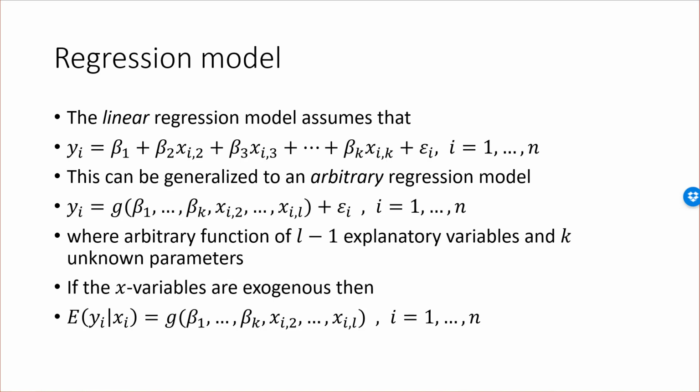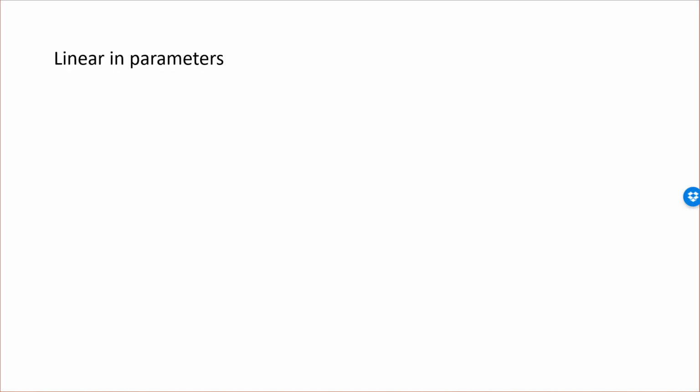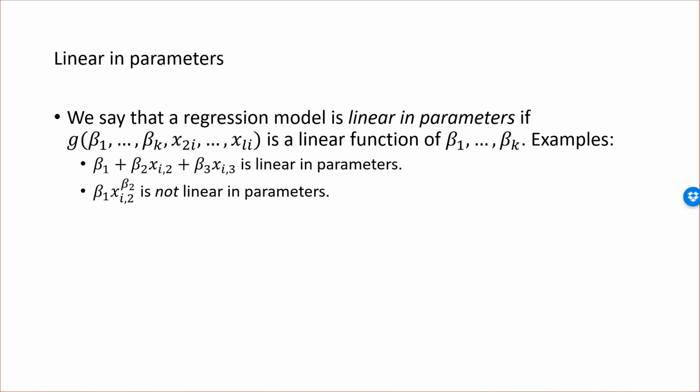So we say that the model is linear in parameters if this g function is linear in the betas. So if this conditional expectation depends linearly on the betas, then the model is linear in parameters. So here are some examples. The first one is linear in parameters, while the second one is not.